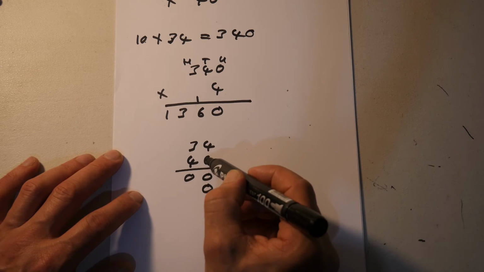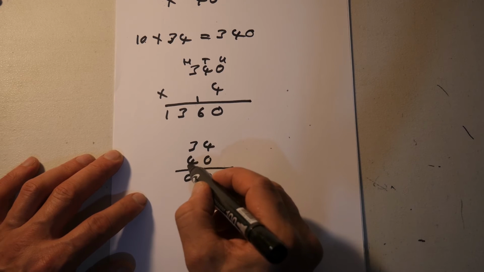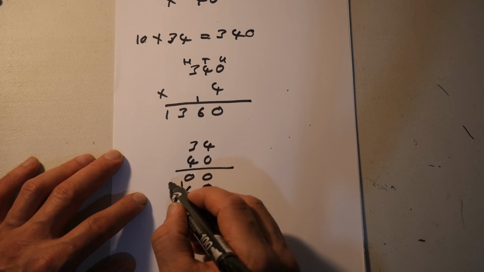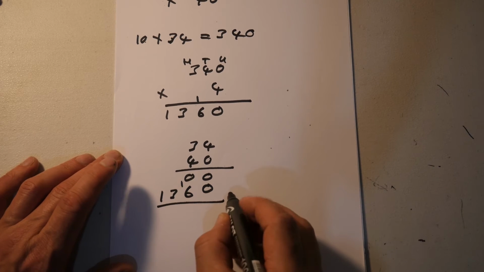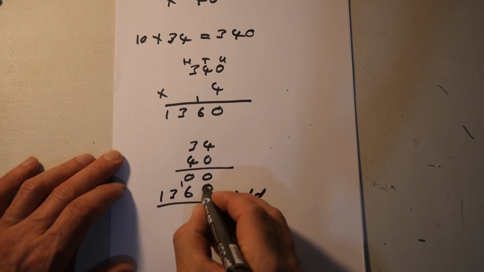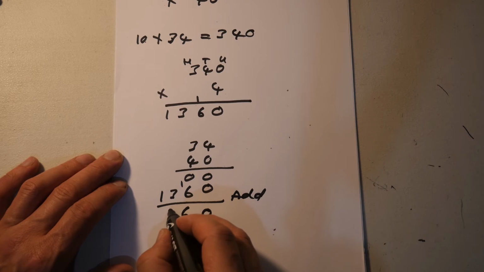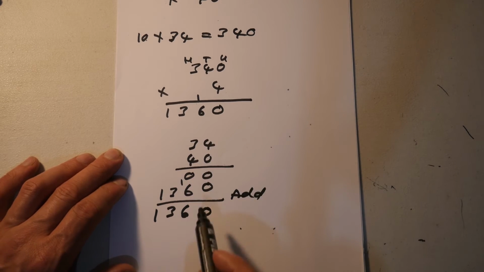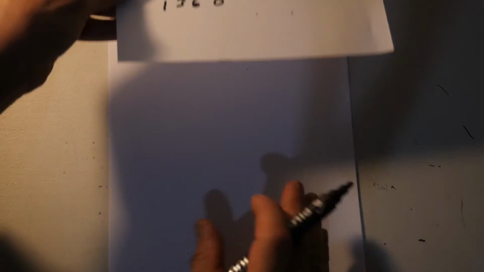Put the 0 there because we're working with the tens column now. 4 times 4 is 16. 4 times 3 is 12, plus 1 is 13. And then add. 0 plus 0 is 0, 6 plus 0 is 6. 3 plus 0 is 3, 1 plus 0 is 1. Okay? So we get the same answers. Now I'll do some more difficult multiplication.